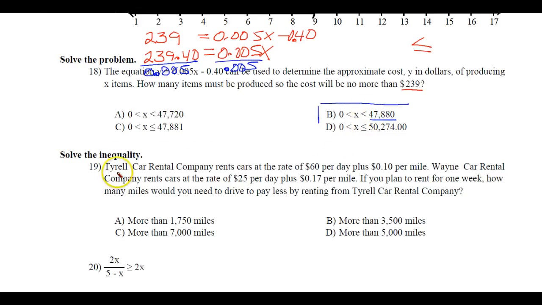All right, in number 19, we're looking again for a comparison that if you paid 10 cents a mile and you do x is the number of miles, $60 a day, and you have the other one where it's 17 cents a mile, at $25 a day, where would be a point where above that the 10 cents a mile would be a better deal than that?